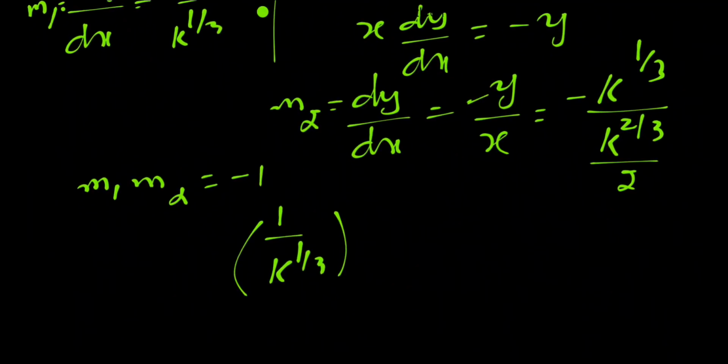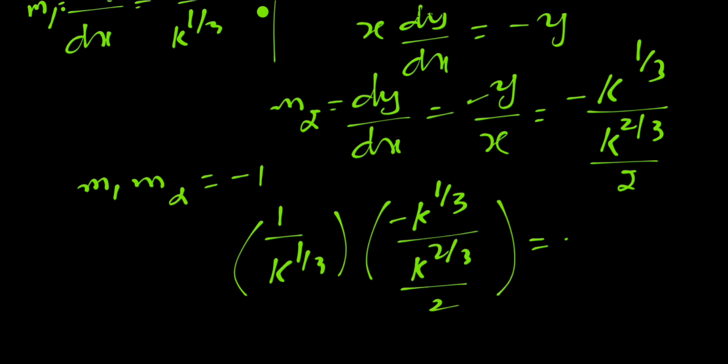So m1 into m2 is equal to minus 1. The k power 1 by 3 terms cancel, and the minus signs also cancel. If you reverse it, you will get k power 2 by 3 is equal to 2.